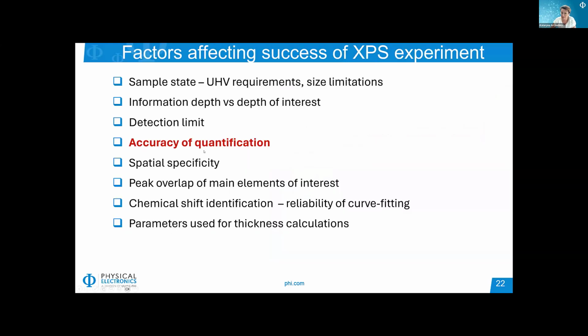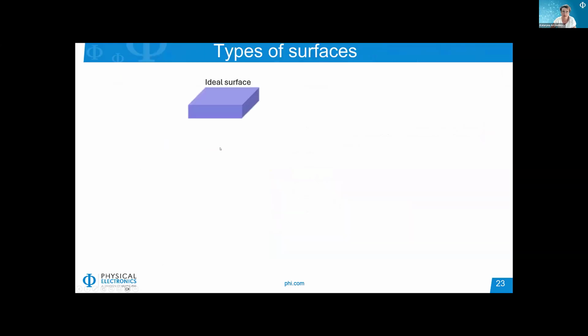Quantification. We saw that accurate quantification was one of the highly critical responses in the poll. So what do we have as a sample? Ideal surface. Everybody wants to work with ideal surfaces. Contaminations cannot be eliminated. There are definitely tools with vacuum transfer vessels and glove box attachments that really allow us to work with ideal surfaces.